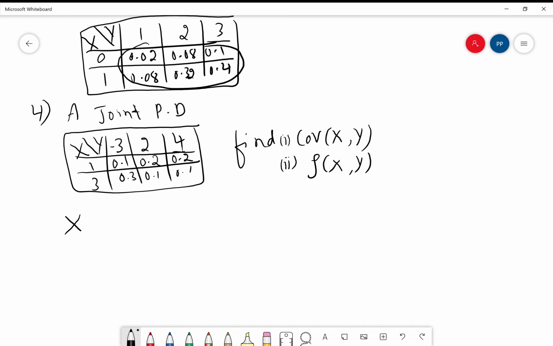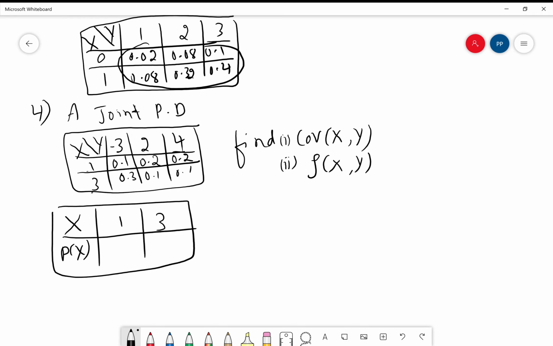So the individual distributions: x and p of x, x values 1 and 3. To get the corresponding probabilities, just find the sum of the entries in each row. What is the sum? 0.1, 0.2, 0.2, which is 0.5. This also 0.5. Therefore, here you are getting 0.5, 0.5.